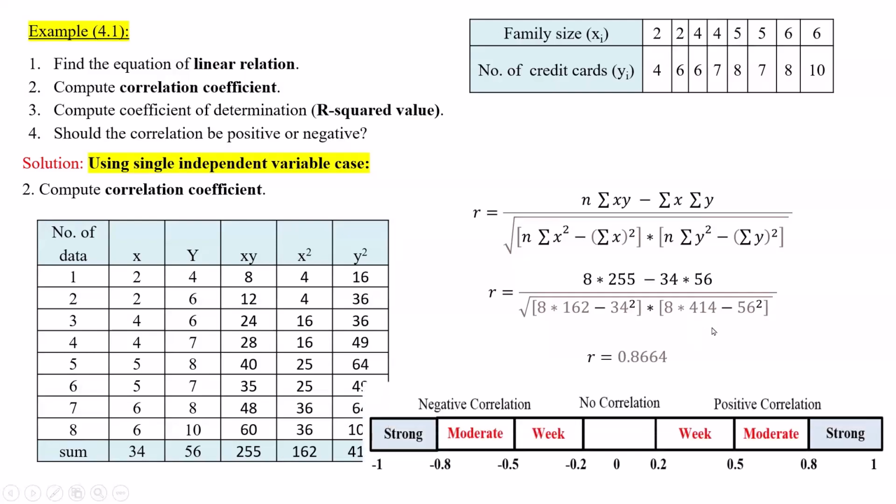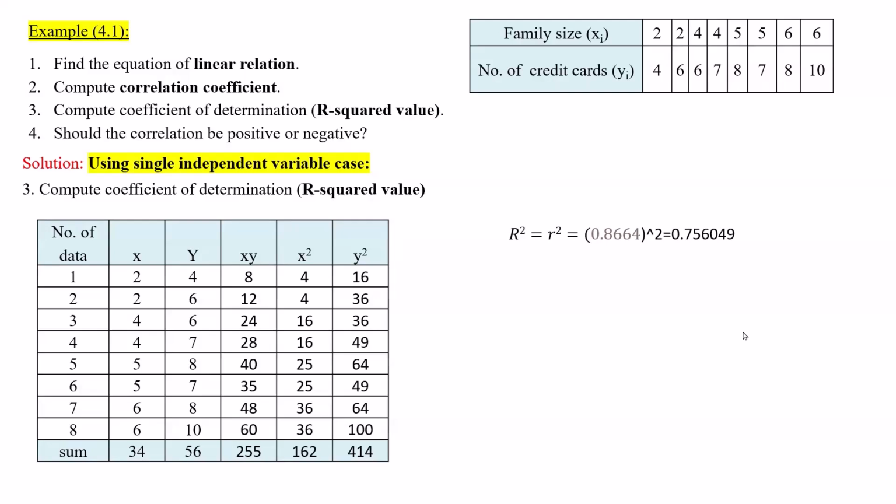According to this table, it is a strong relationship because it is greater than 0.8, and it will be a positive relationship. Now the second requirement is solved. For the third one, we just have to square this r. R squared equals 0.8664 squared, equals 0.77649.